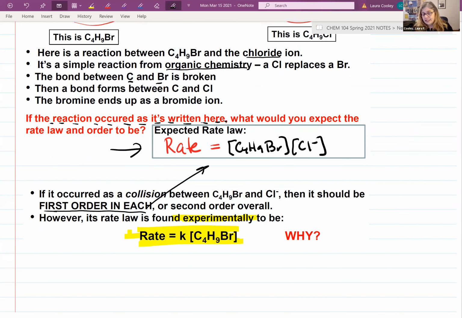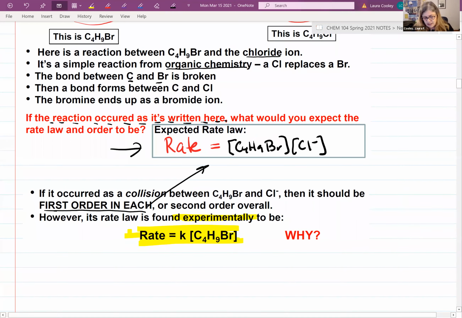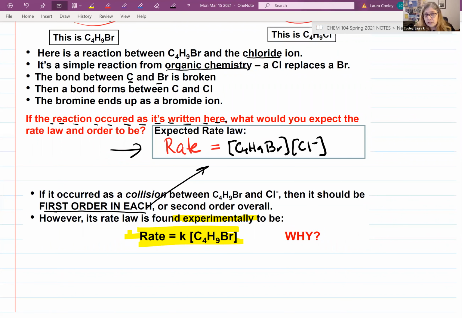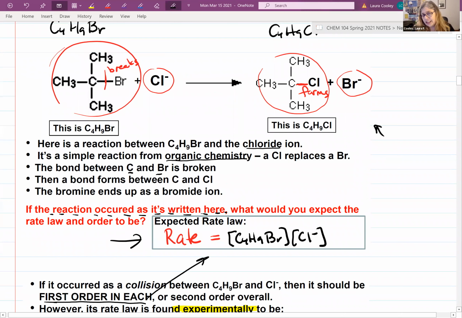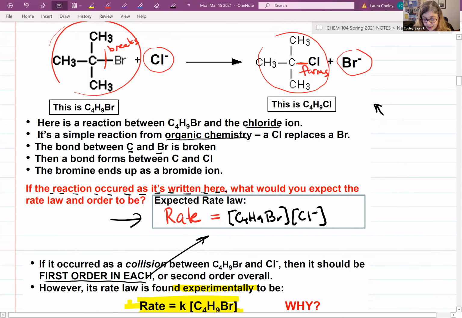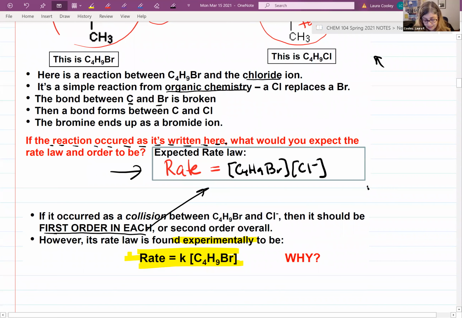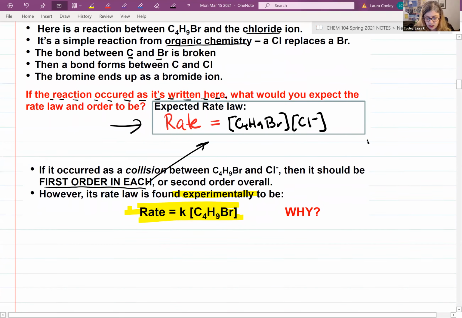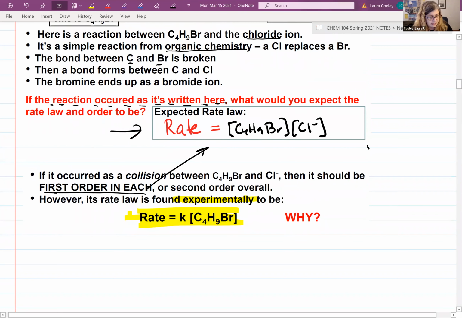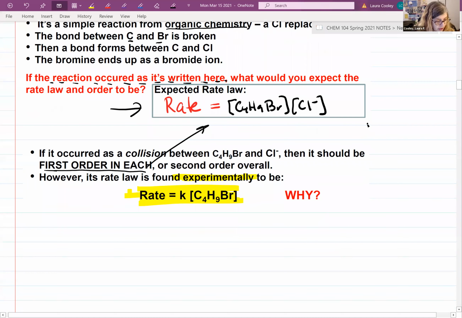Obviously to me, because I've been doing this a long time, but clearly, if this is the rate law, this reaction cannot happen like it's written here. Because if it did, this would be the rate law, and it's not. It's found experimentally to be k times just the concentration of that one reactant, not the chloride, but just the C4H9Br. So this reaction does not occur as written.